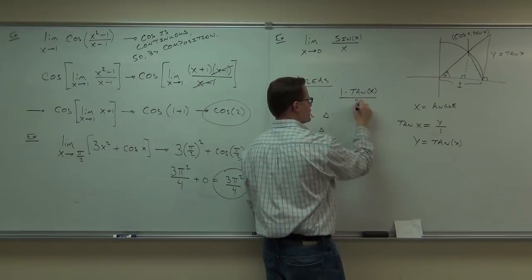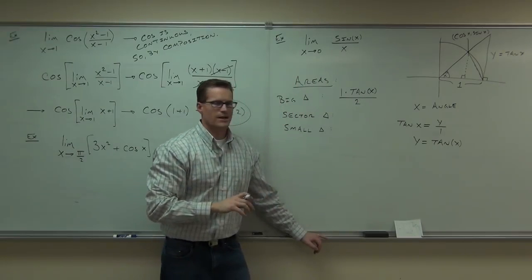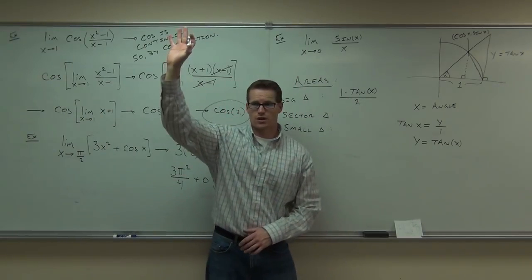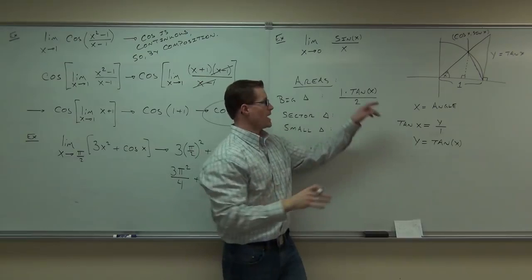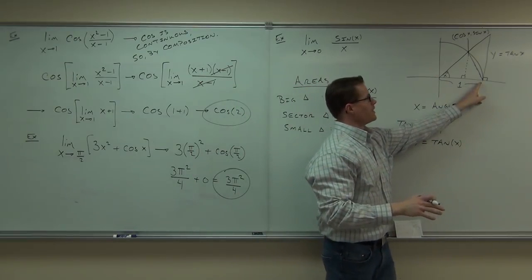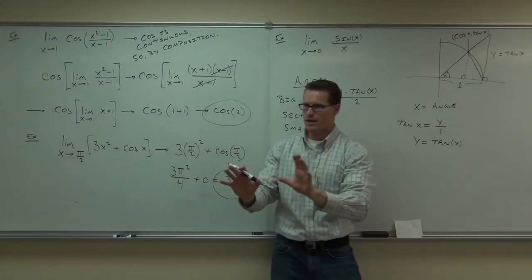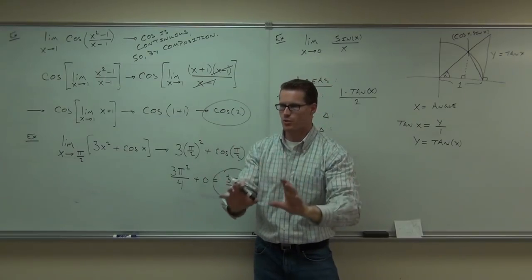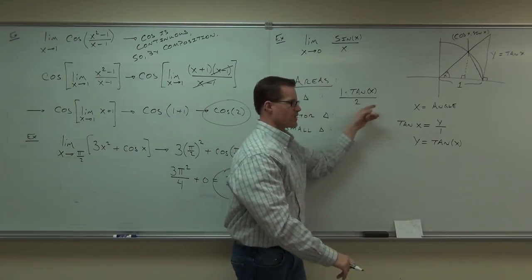And to find the triangle, I divide by 2. I need to show a hand seeing if you're okay with the area of a large triangle. Base times height over 2, we have base 1. Height is y, yes, but y equals tan x. So I'm going to use tan x because I want everything in the same variable and all in x's. And then divided by 2.